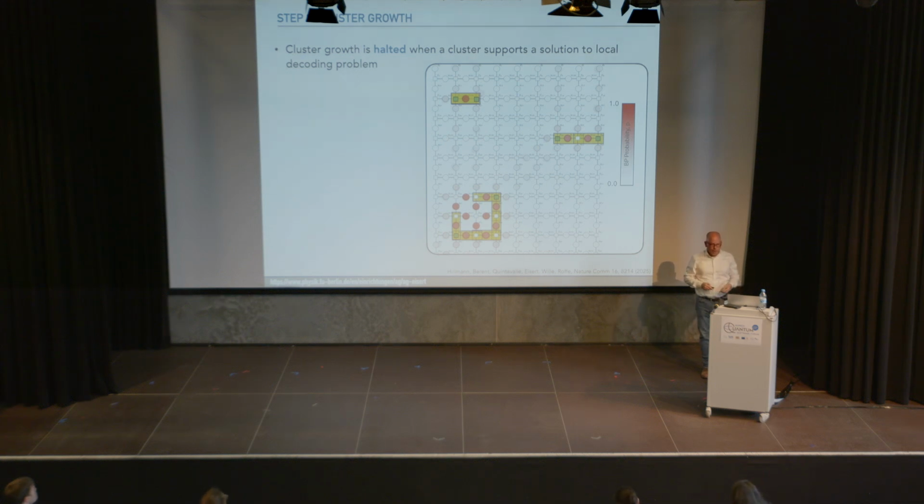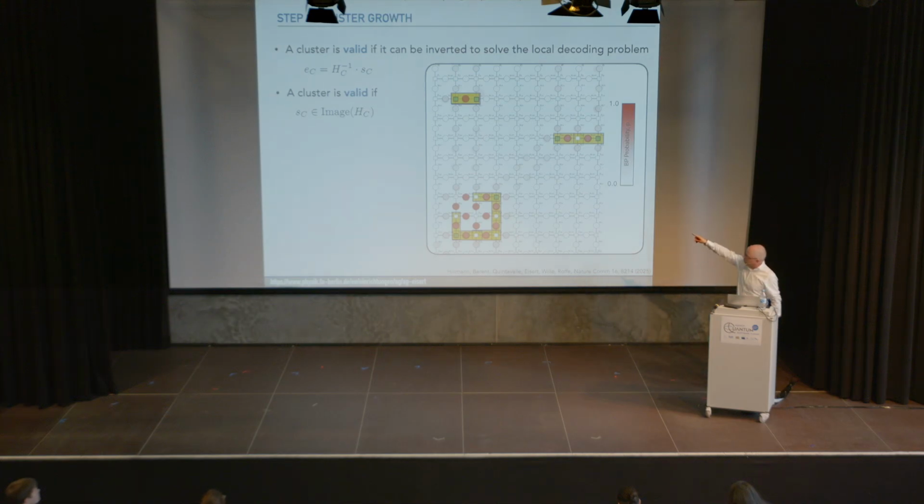This means a cluster is valid if it can be inverted on that part. So if you can solve the local decoding problem and you can invert that matrix that has full rank, or in other words, the cluster is valid if the syndrome that you see is in the image of the parity check matrix, and then you can locally invert this and do the decoding on the local patch.